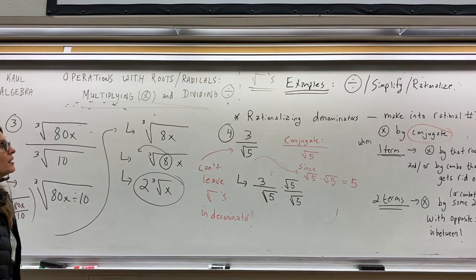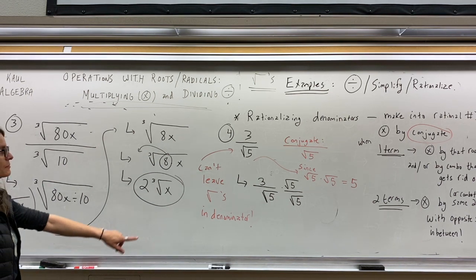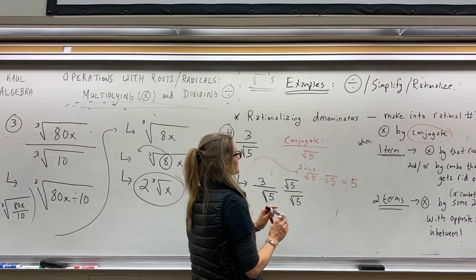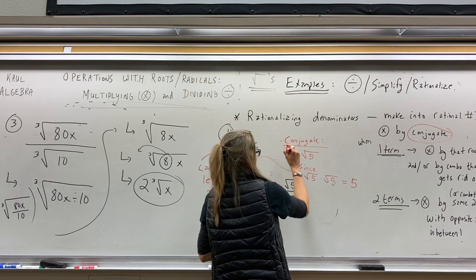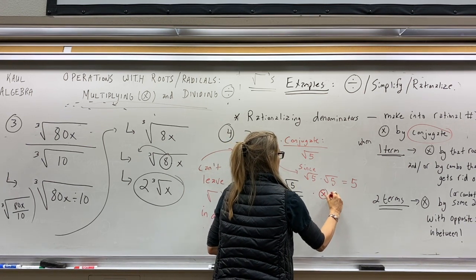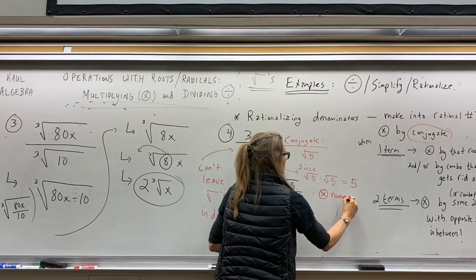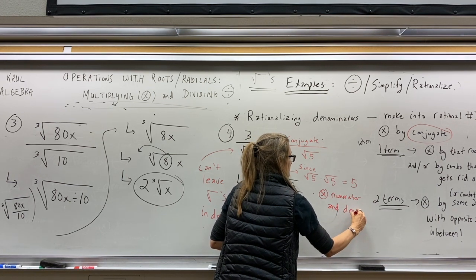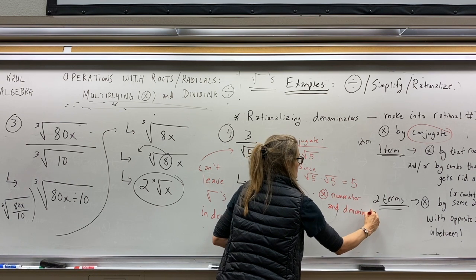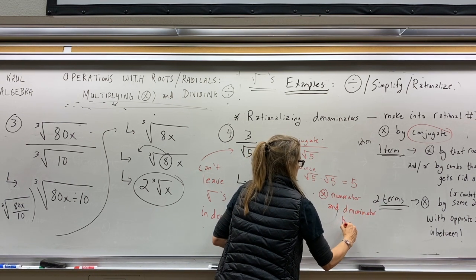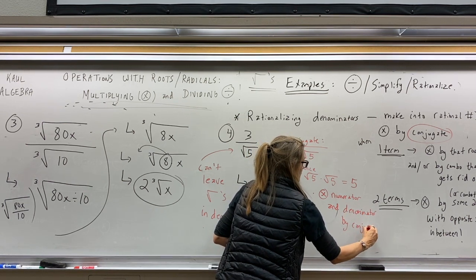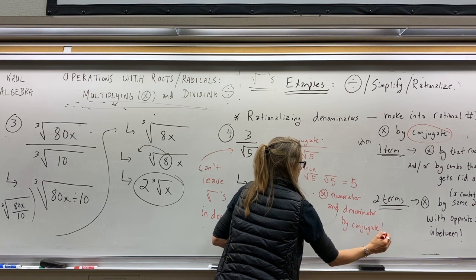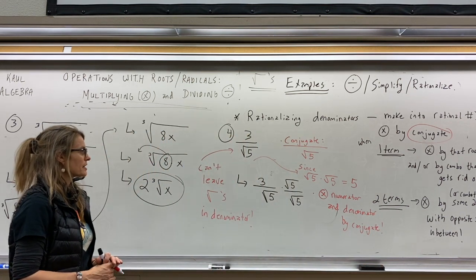So what I do, I take my conjugate and I multiply by my conjugate, numerator and denominator. Very important idea. Multiply numerator and denominator by a conjugate.